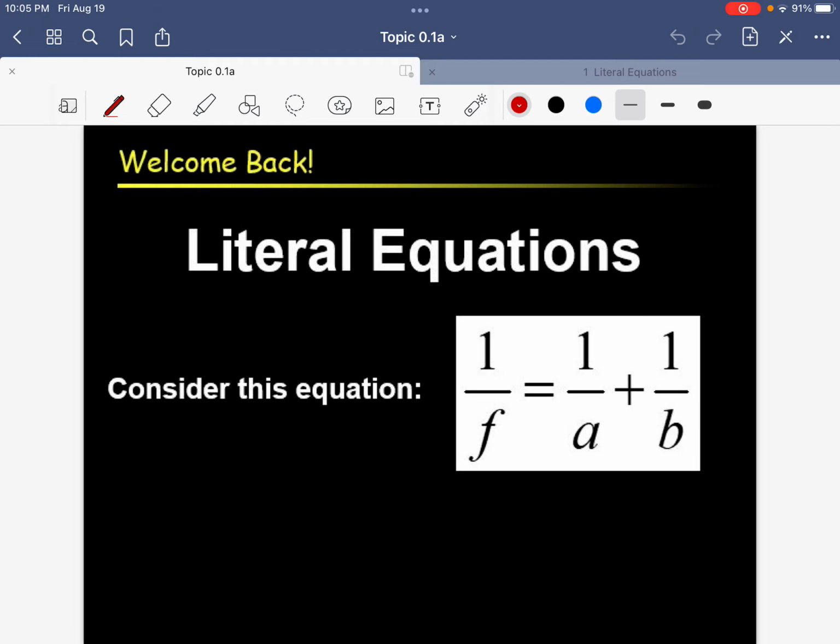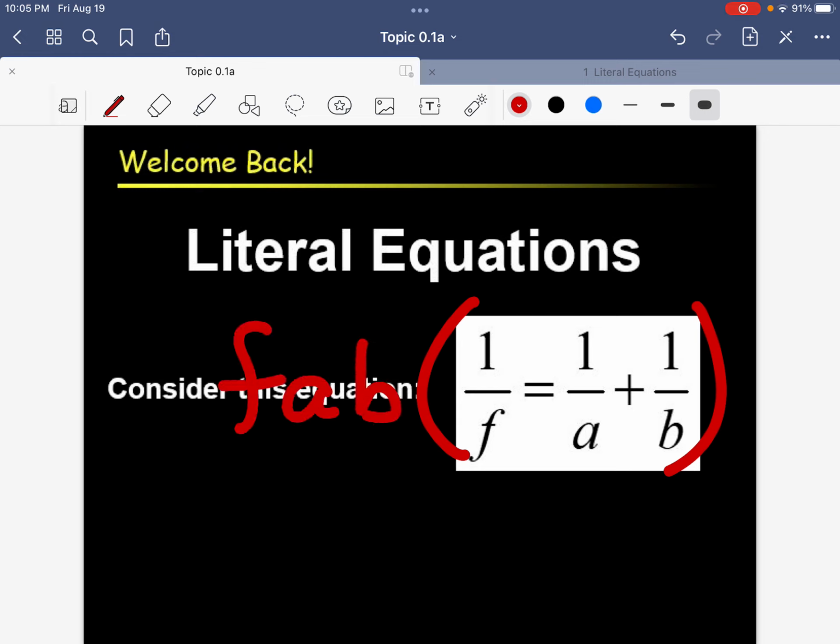In this case, we have 3 fractions, and so we're going to multiply by all the denominators. Now, if you multiply by all the denominators, f, a, and b, all at the same time, what's going to happen here is I'm actually going to distribute fab to each fraction.